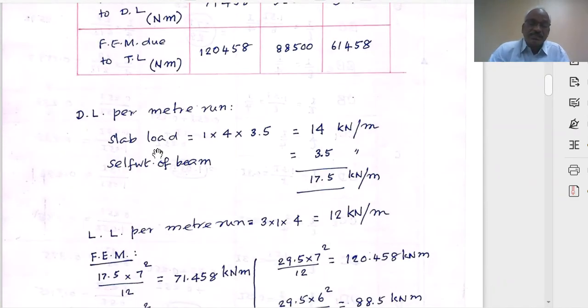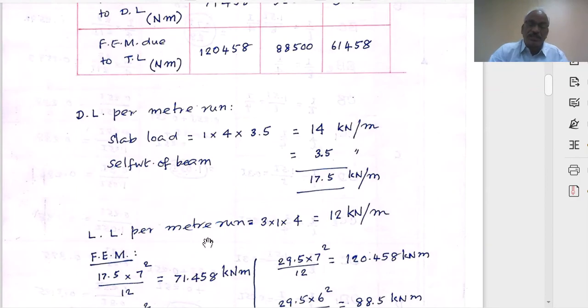This is the slab dead load, and also the self weight of the beam, which is already given as 3.5 kilonewton per meter. So this is the load from the slab, and this is the beam, so 17.5 kilonewton per meter. Therefore this is the dead load per meter run, 17.5 kilonewton per meter.